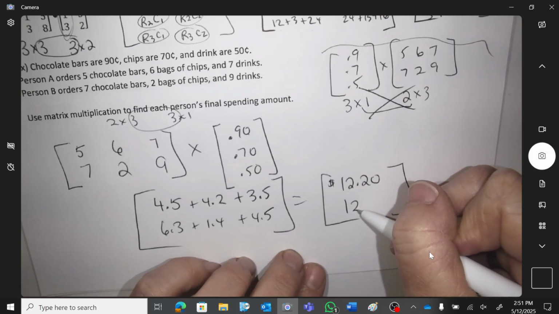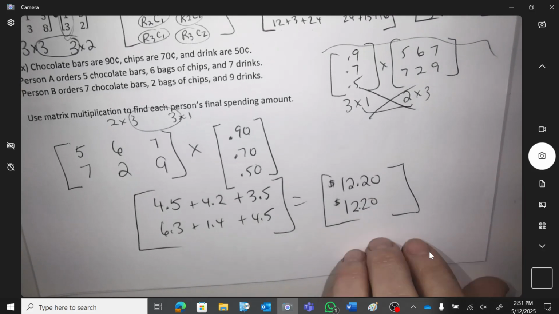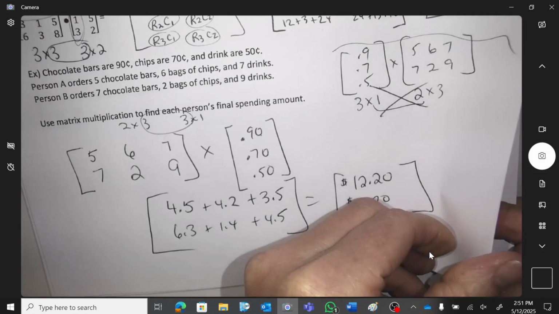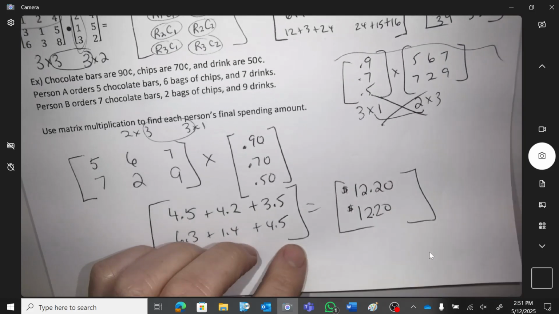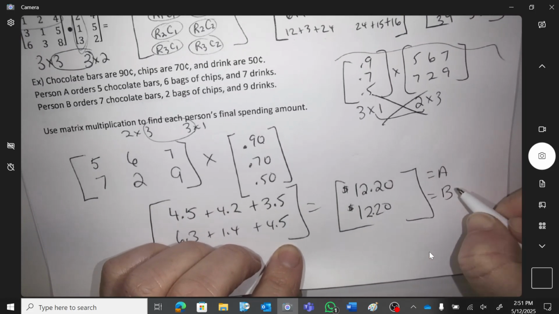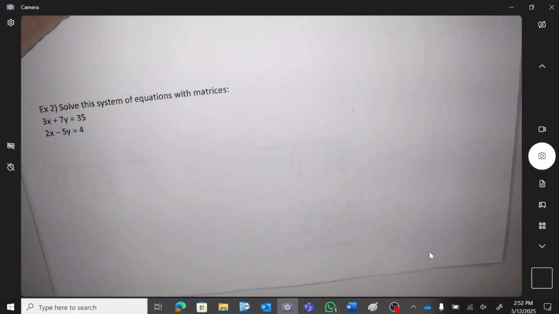Oh, am I getting the same thing? Each person, 12.20. Okay, and then you leave it like that? Yep. Or if you wanted to write an answer in a word problem, person A spends 12.20.